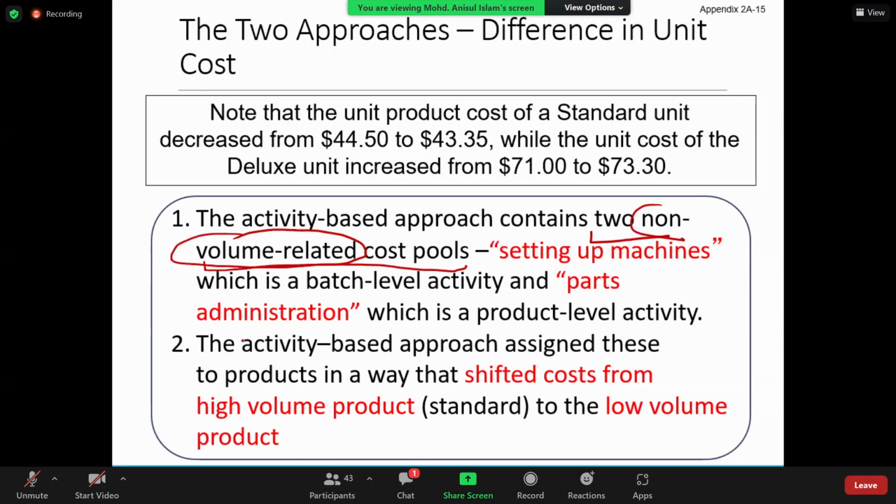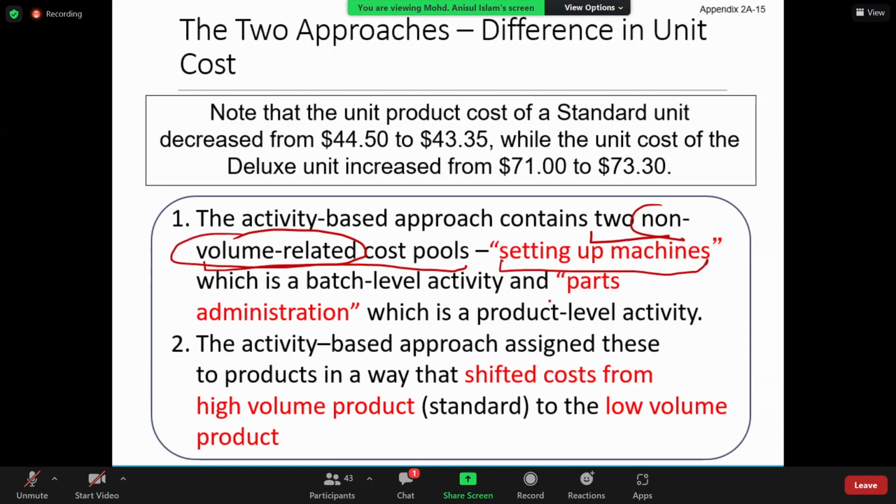Which two costs? One is setting up machine. This is not connected to the units of volume, rather it is connected to the number of setups of machine which will be required.